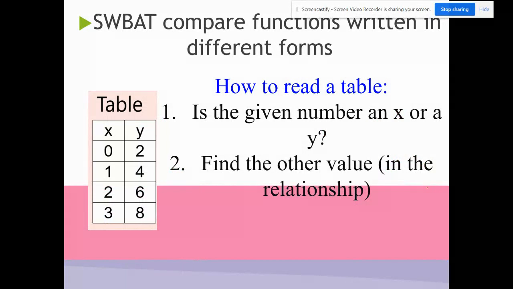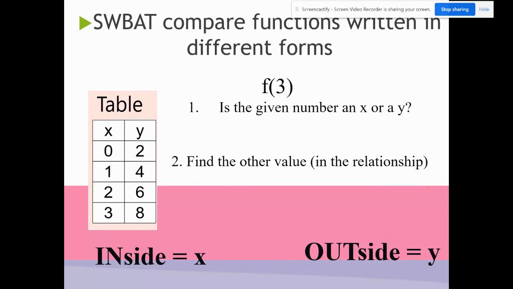So how do I read a table? What you're going to do is, number 1, figure out if the number I give you is an x or if the number I give you is a y. And then you're going to find the other value in the relationship. So in this case of the table, I'm telling you f of x is 3. So write this down. f of x is 3.